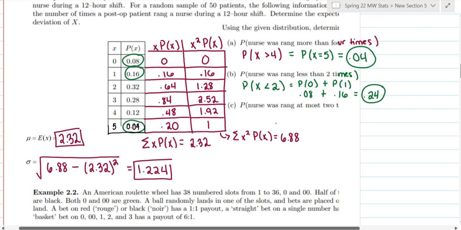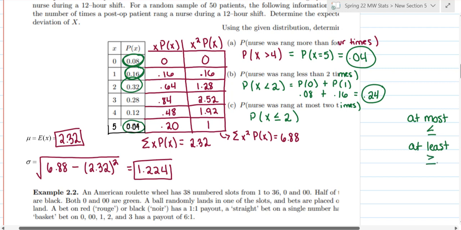C, the probability that the nurse was rang at most 2 times. Okay, at most 2 times, think about what that means. The most that they were rang was twice, which means it could be 0, 1, or 2. So the notation for that is less than or equal to 2. At most. So if you have at most, it's less than or equal to. Okay, at least is greater than or equal to.